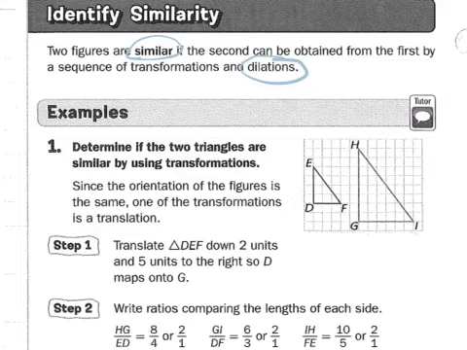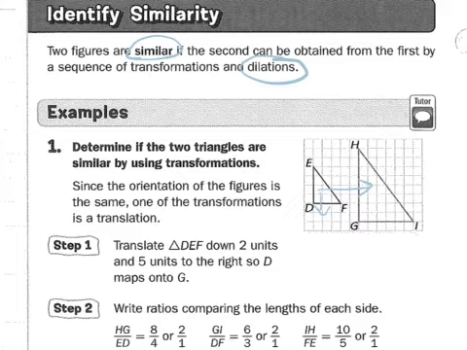We've got triangle DEF and triangle GHI. These triangles are turned the same way. So the first thing we want to do is get the figures on top of each other by translating. And we can translate DEF 5 units to the right and 2 units down, and it will land on top of GHI.